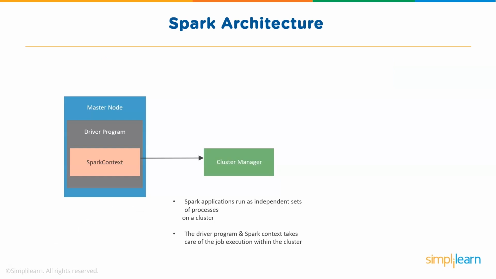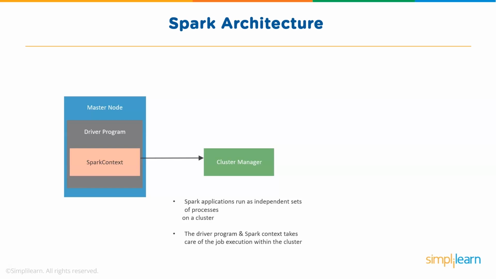So your driver program interacts with your cluster manager. When I say it interacts with the cluster manager, you have your Spark context, which is the entry point that takes your application request to the cluster manager. As I said, your cluster manager could be Apache Mesos, it could be YARN, it could be the Spark standalone master itself.